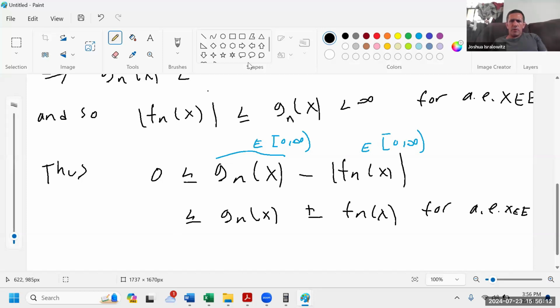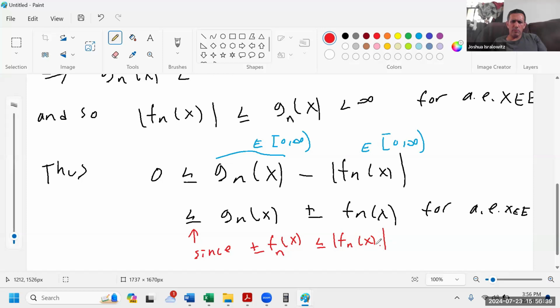Okay, to be clear, here I'm using the trivial property of absolute values that plus or minus f_n of x is less than or equal to the absolute value of f_n of x.